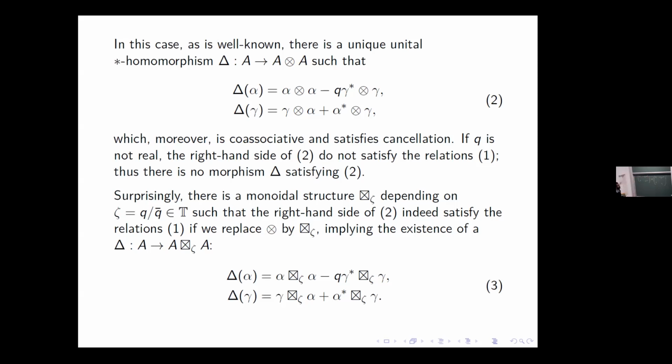This is a co-multiplication, which we know to be co-associative and satisfies cancellation, in which case delta is called bisimplifiable, so that it defines a compact quantum group.